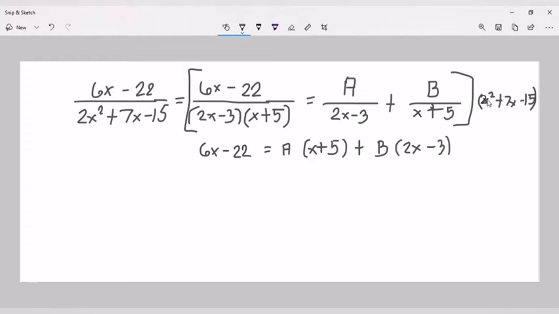Why is that? Since we multiply 2x squared plus 7x minus 15 to the numerator, which is 6x minus 22, then divide it by the denominator, we just cancel the common factors.